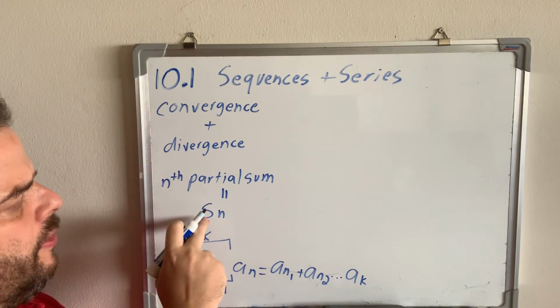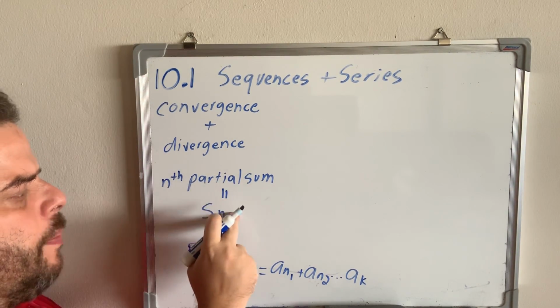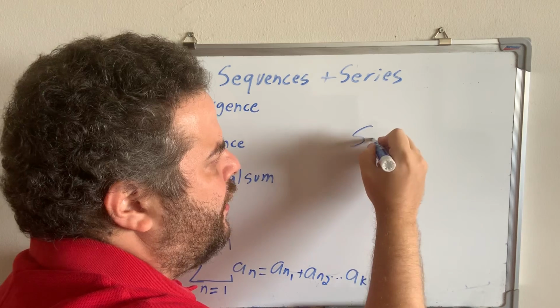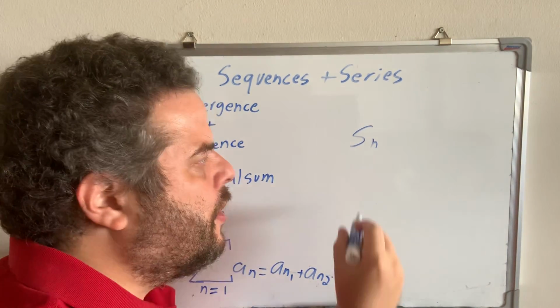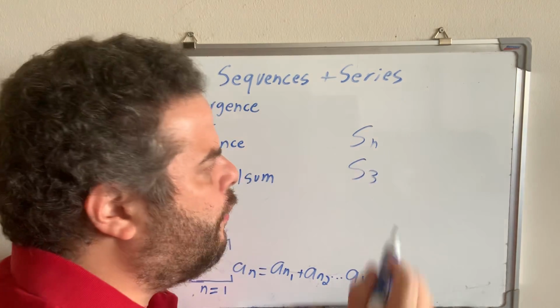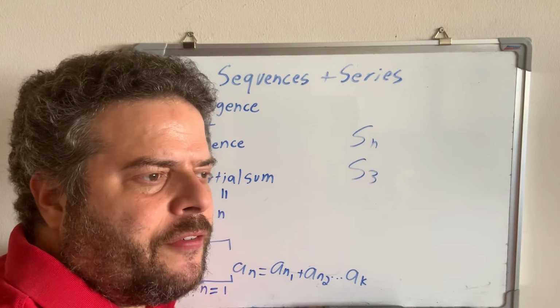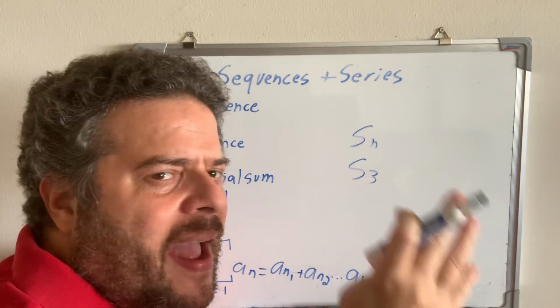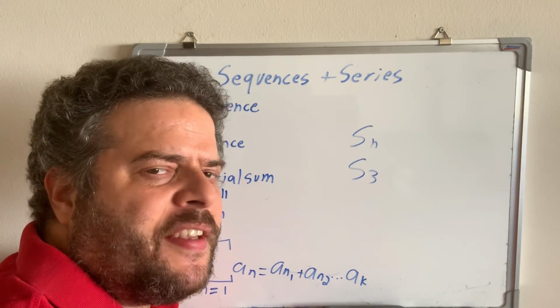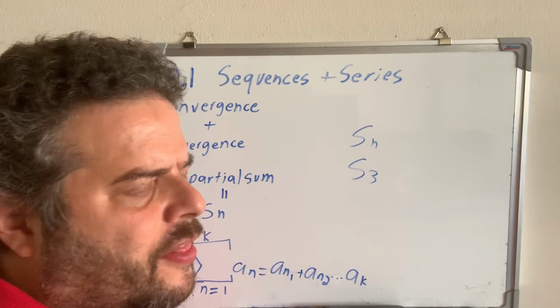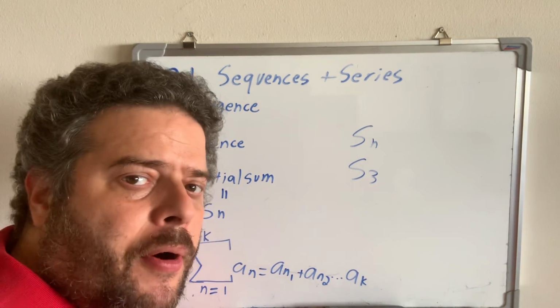Now, the nth partial sum is represented by the letter Sn, n being the actual term. So if I give you S3, that means I'm going to add the first term, the second term, and the third term. Stop there. That's going to give me my series for this particular nth partial sum.